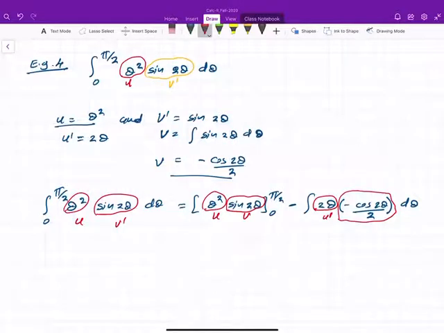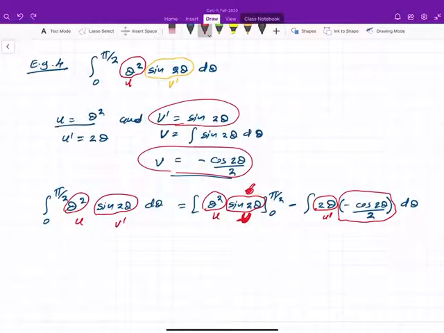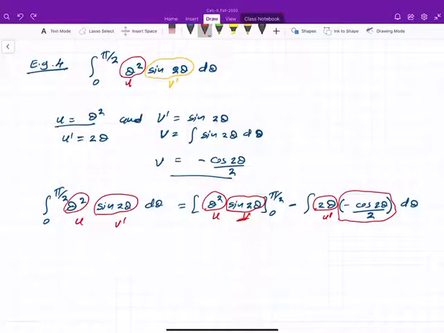I made a small mistake here. What I want to say is this should be v. What I put down here was v prime, which was wrong. This should be v. V means that. Okay, let me make that correction. Let me take these out.